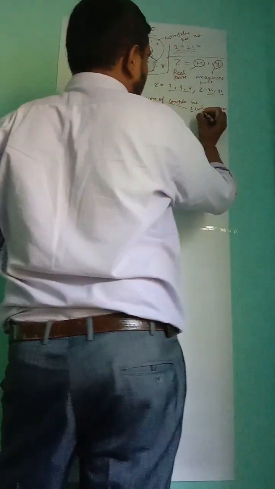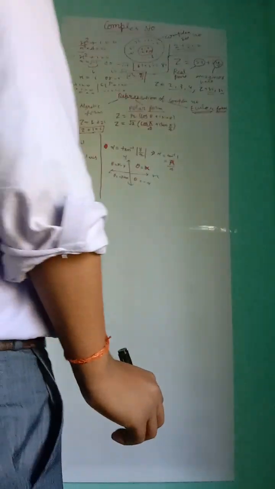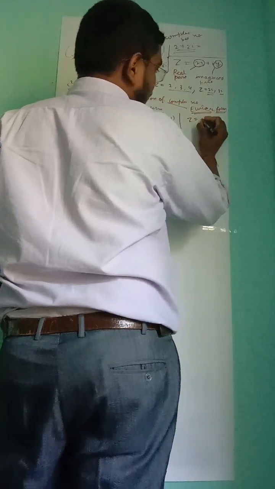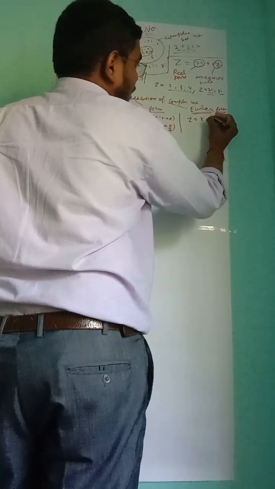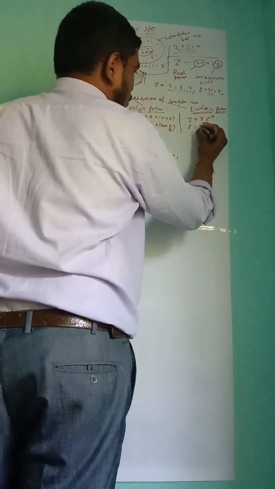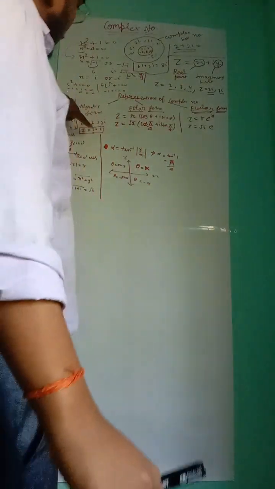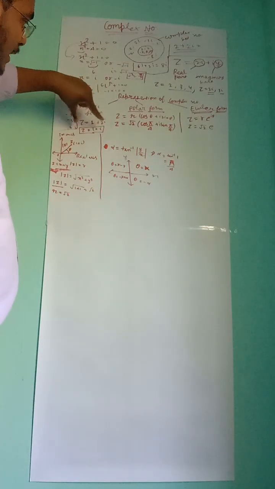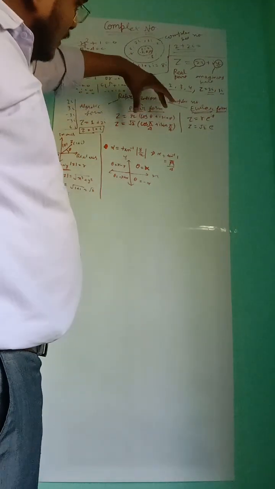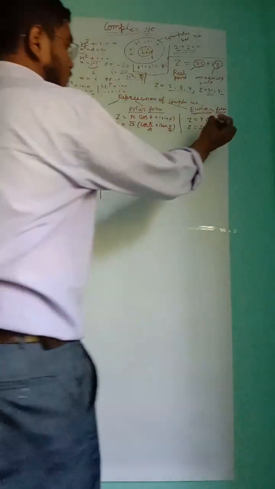Now I represent this in Euler form. How does it look in Euler form? R e to the power i theta. What is R here? R is root 2. What is theta here? Considering this example, I converted it into algebraic form, then polar form, and now Euler form.